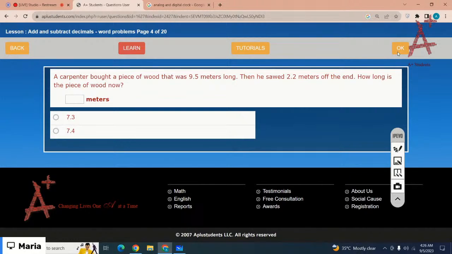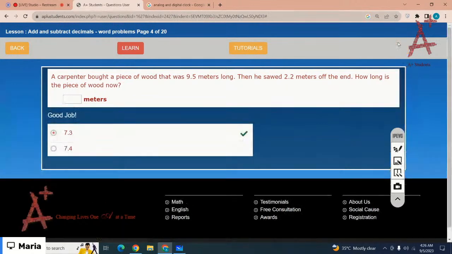You have to subtract them, right? 9.5 minus 2.2 is 7.3. The correct option is 7.3.